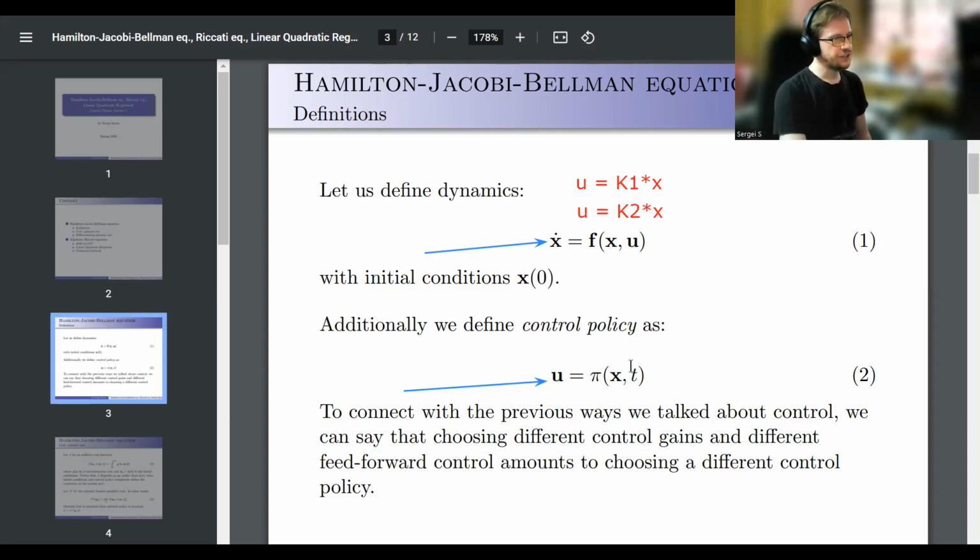Control policy is allowed to depend on time. That would be typical for time varying systems, or for tracking control or something like this, so there's nothing surprising about t. But as long as we're talking about LTI, linear time invariant systems, and what we're trying to solve is stabilizing the origin, so x equal to 0 as a solution, we would have pi of x.